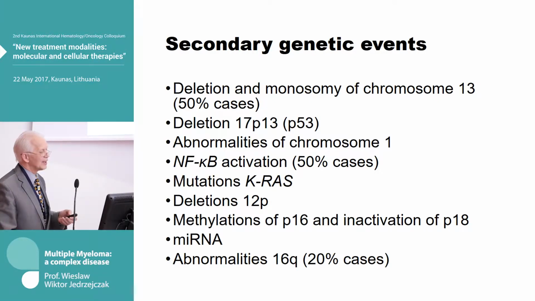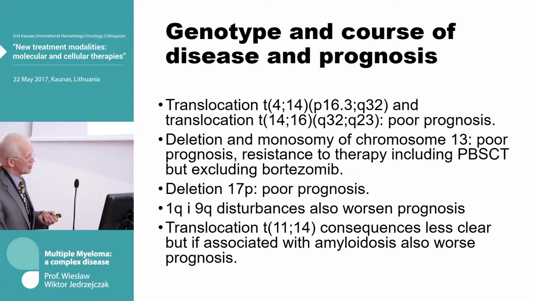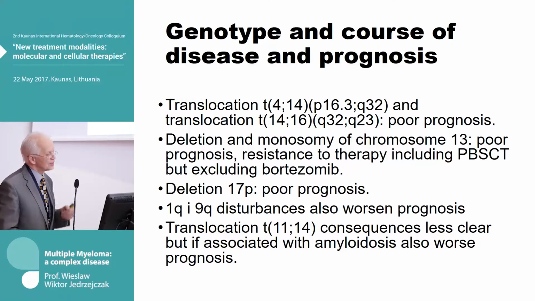The list is still not complete. Translocations 4-14 and 14-16 are associated with poor prognosis. Monosomy 13 is again poor prognosis, and moreover it is resistant to transplantation, but not resistant to bortezomib. Of course, deletion of 17p, as I have mentioned, is poor prognosis.